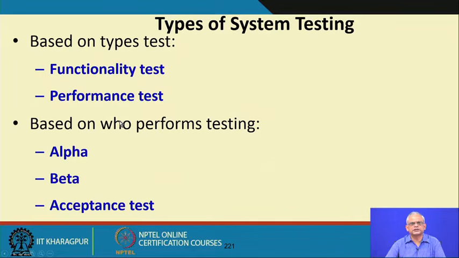We can also consider system testing to be of three types based on who performs the testing. There are three different types of system testing. The alpha testing is done by the developing organization, the testers in the developing organization. This is the type of system testing which is performed first, and after the system passes the alpha testing, beta testing is performed. Beta testing is performed by a set of friendly customers or users.